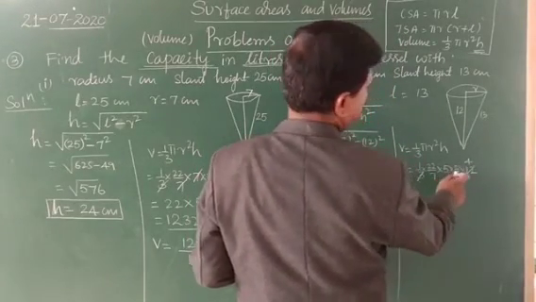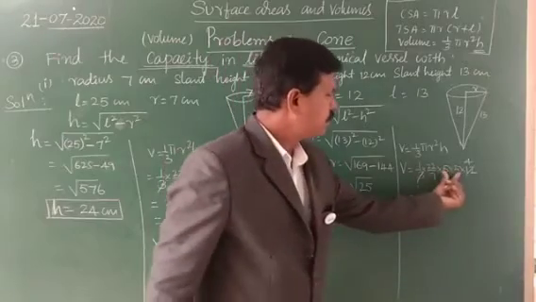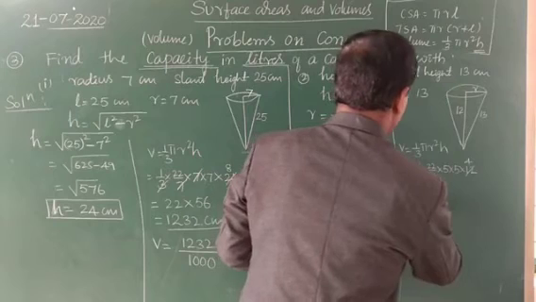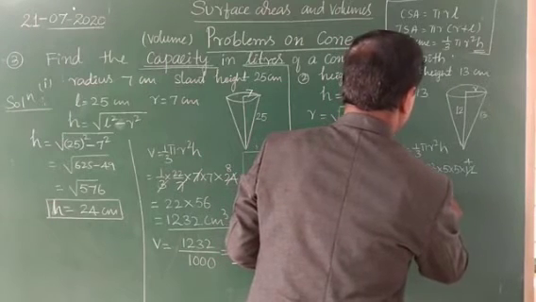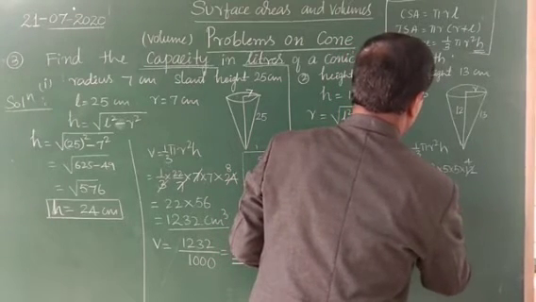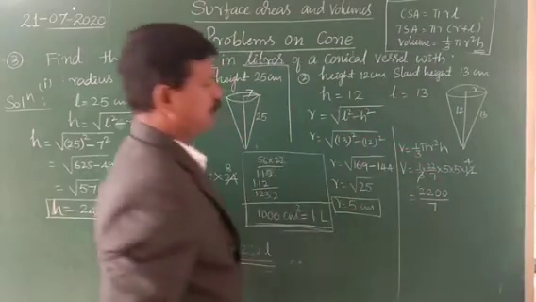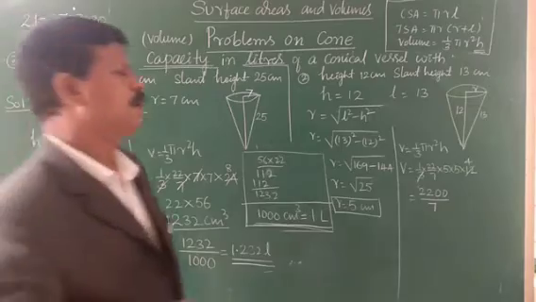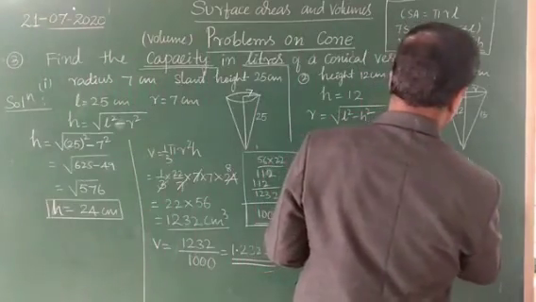Then 5 5s are 25, 25 4s are 100. 100 into 22, 2200 by 7 cubic centimeter.